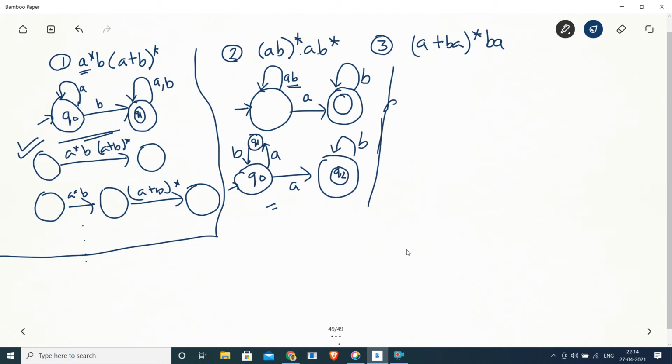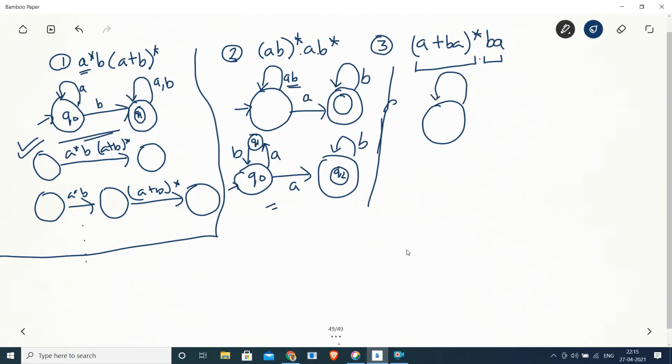Let's start with the third expression. Now don't be confused that this is a dot of two things. So let's first solve with the first thing. We start with the initial state. In the initial state, whatever the first thing is, it is on a loop.